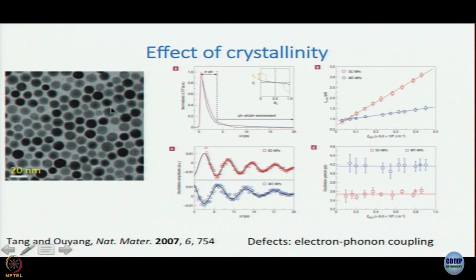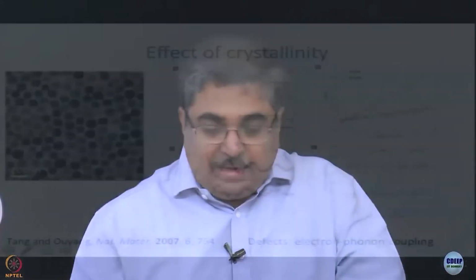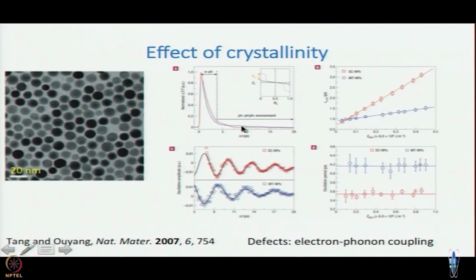They basically made two different kinds of crystals, and the focus of the paper really is on preparation, which we are not discussing. In one, they got highly single crystals, and in the other one they got what they call empty crystals, where, let us just say, there are different kinds of crystalline forms in them. So, what they see is this.